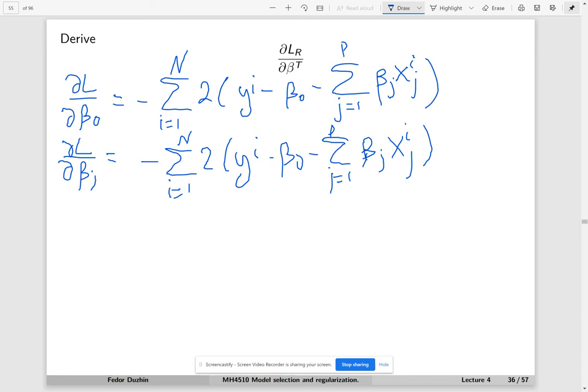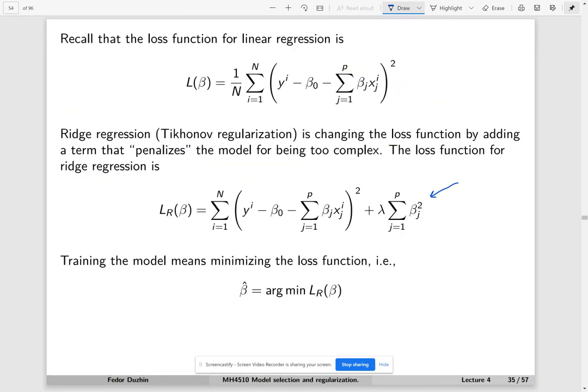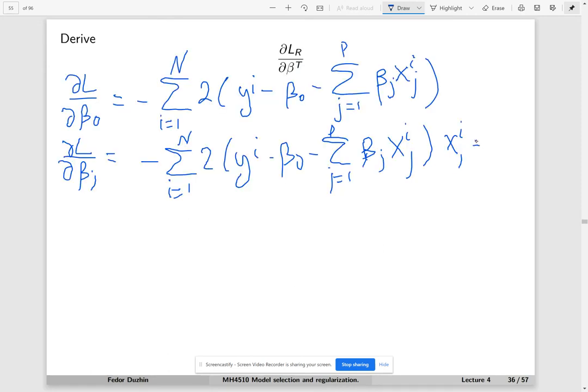Because when we differentiate with respect to beta j, we've got to multiply by the partial derivative of this thing, which is going to be x_ij. But now we have this regularization term, and it does contain our beta j, right? So we've got to add plus 2 lambda beta j. All right? Okay, cool.